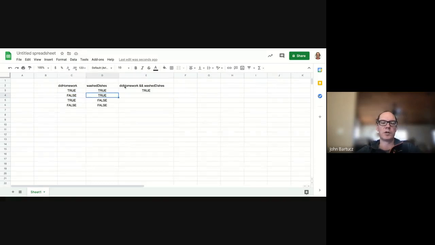Well, that means that this is not true because did homework is false. So it's not true that both of them are true. So this is false. Same thing for if wash dishes is false. And if they're both false, then obviously this is also false. So that's how truth tables work.